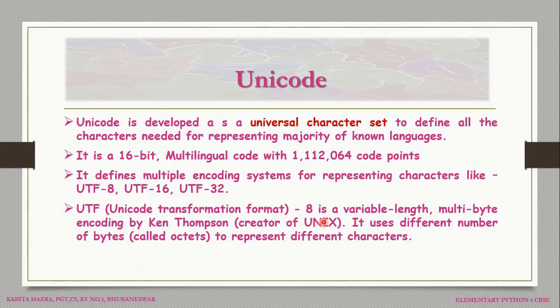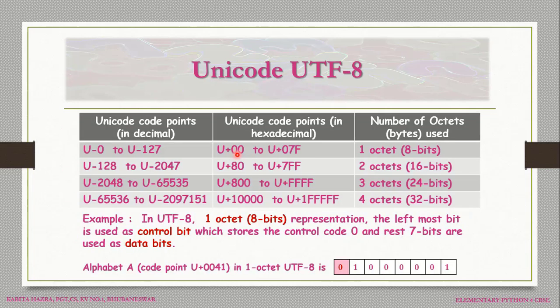Unicode Transformation Format 8 is a variable length multi-byte encoding system developed by Ken Thompson, who is also the creator of Unix, and it uses different numbers of bytes known as octets to represent different characters. In UTF-8, various code points can be represented in decimal as U0 to U127, then U128 to U2047 and so on.